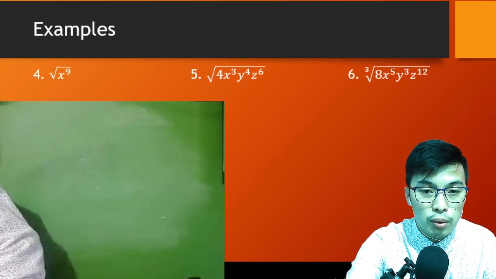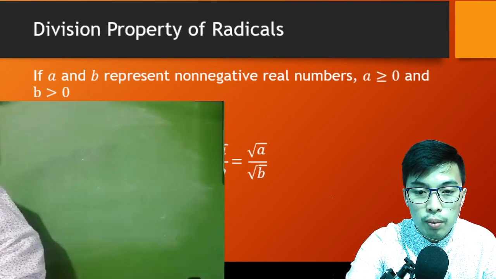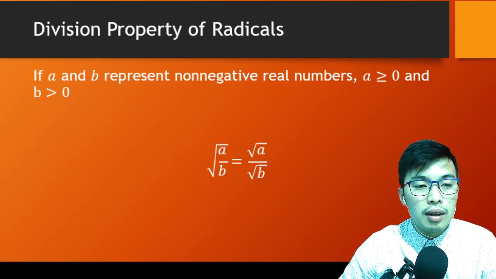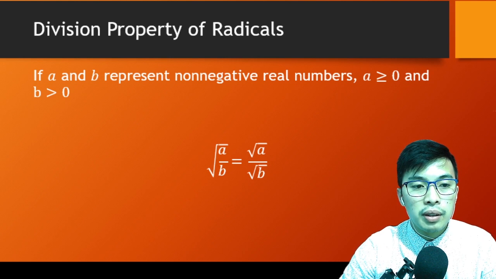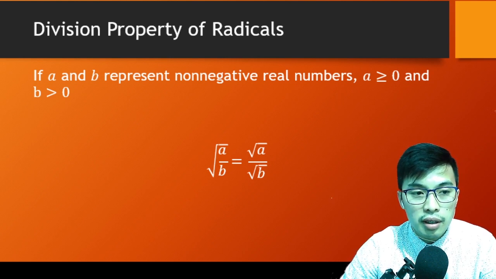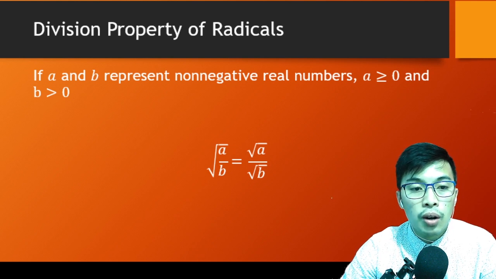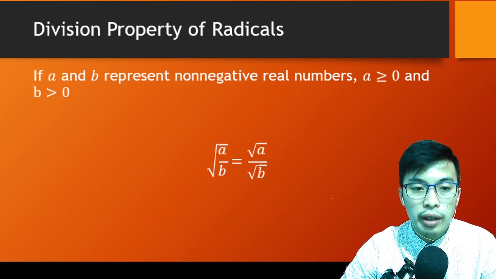Okay? So we move on to the next property, which is the division. So here is the division property of radicals. It says here if A and B represent non-negative real numbers, wherein A should be greater than or equal to 0, and B should be greater than 0.